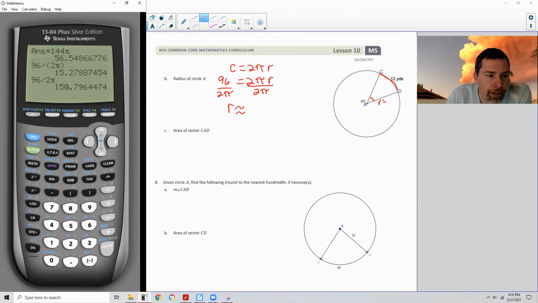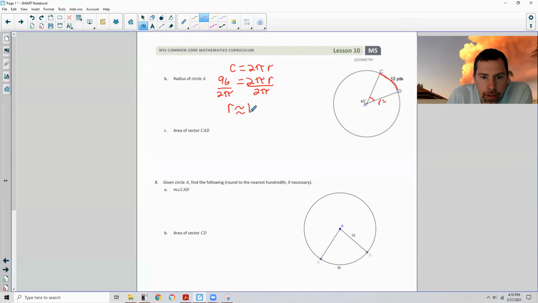I did not. I got 150. It took 96 divided by 2, which is 48, times 3.14, and got that. That's not correct. 96 divided by the quantity 2 pi gives me 15.28 yards.